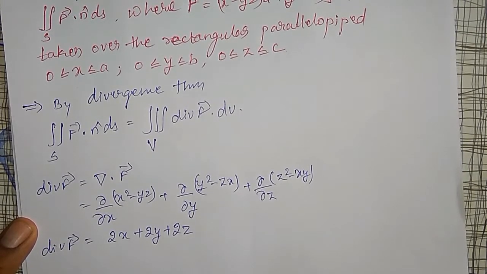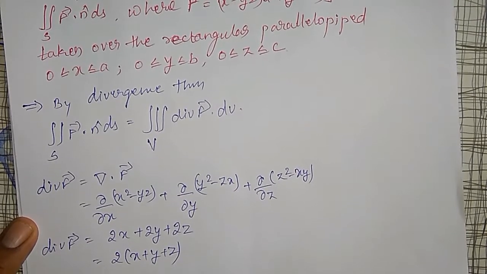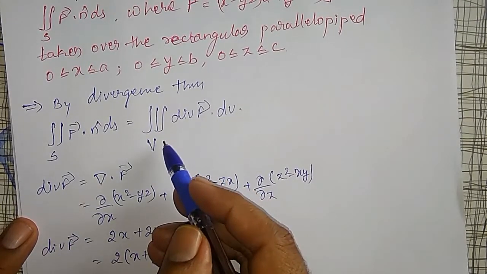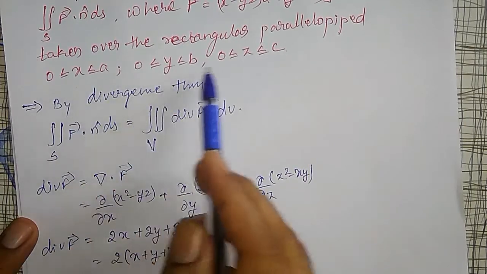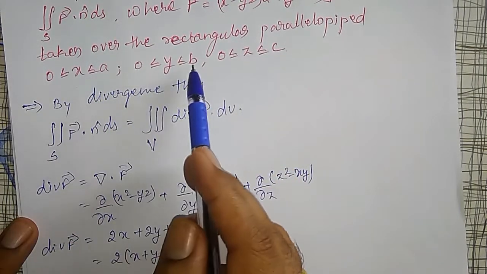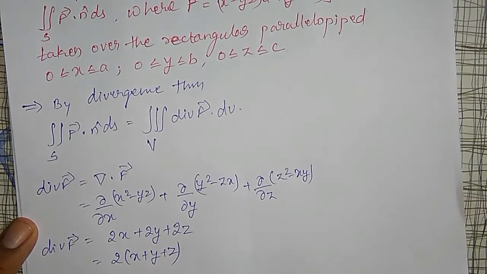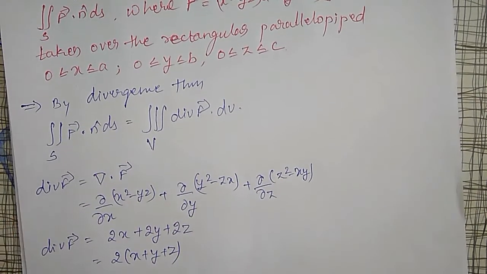And here I can take 2 common, which is equal to 2 into (x plus y plus z). And for this volume, x, y and z are varying from 0 to a, 0 to b, 0 to c. Using that, this integration I can draw.